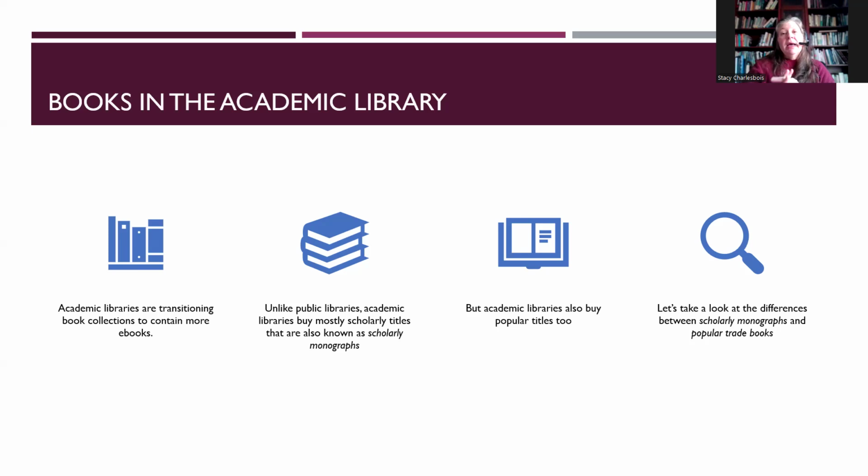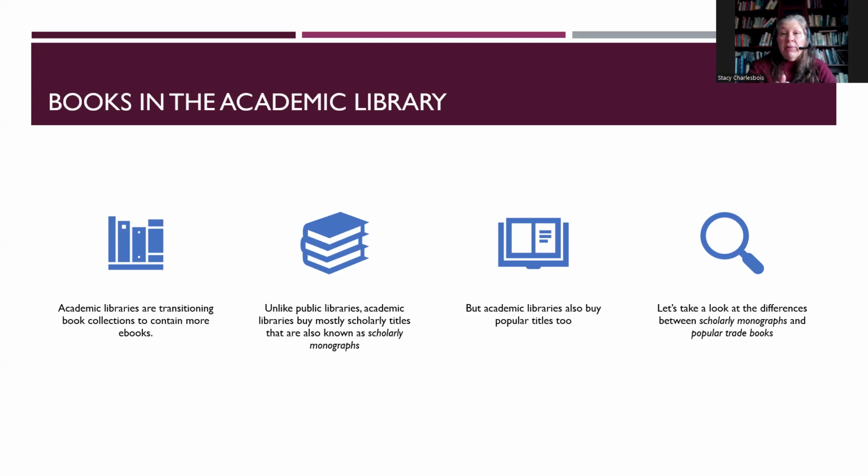Unlike public libraries, academic libraries have mostly scholarly titles. Although, I mean, we do have some popular titles, there's no question about it. But we focus more of our collection on things that are going to benefit you when you do a research paper or do research for whatever class that you're doing.